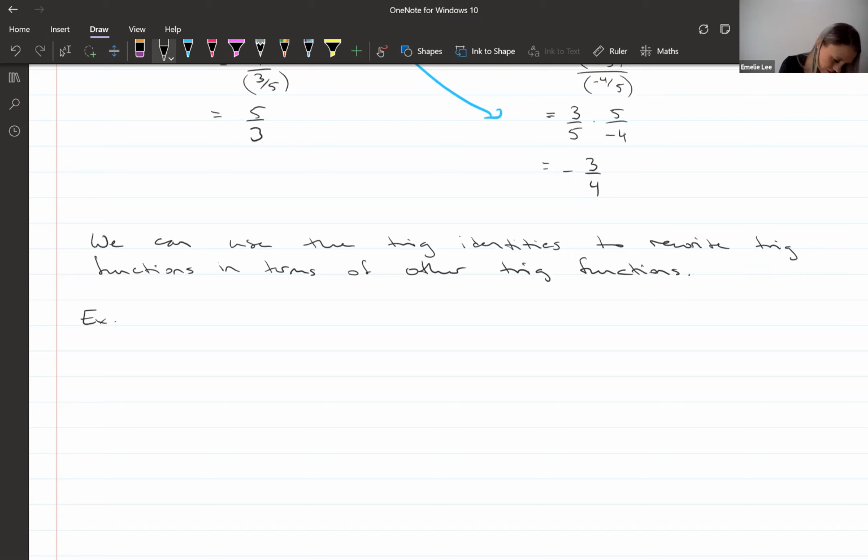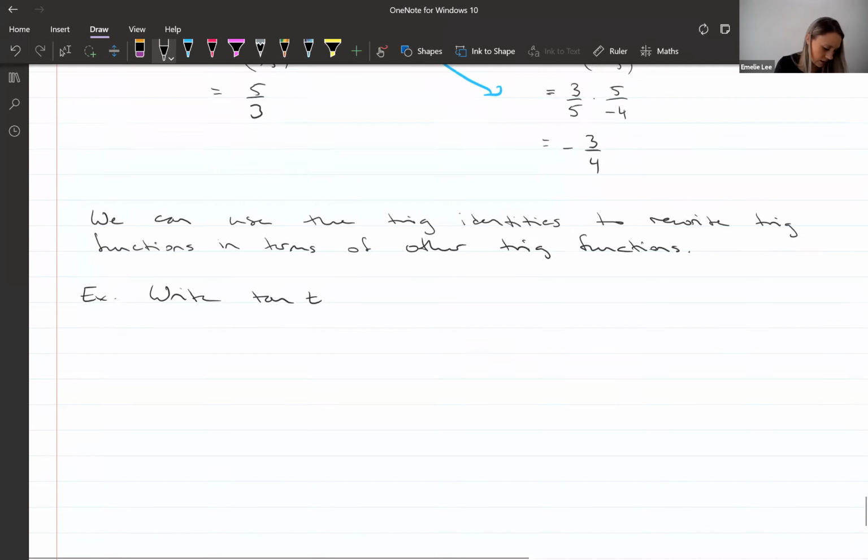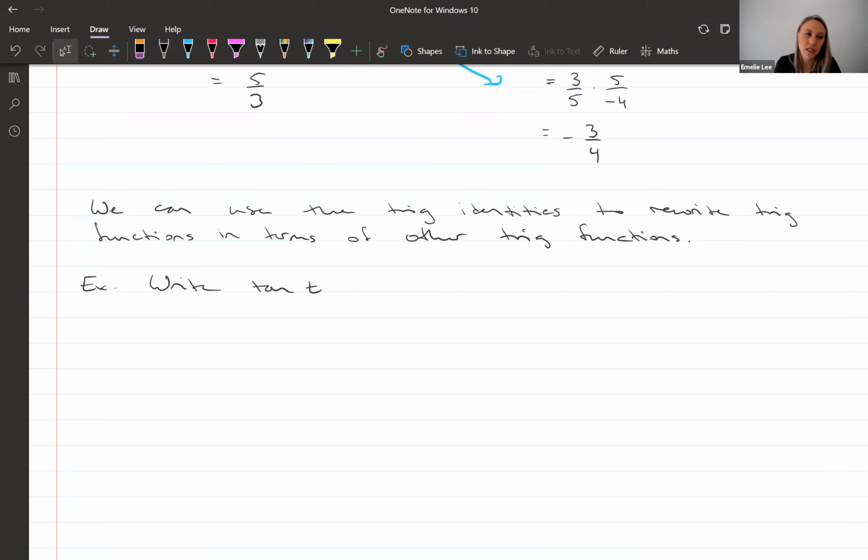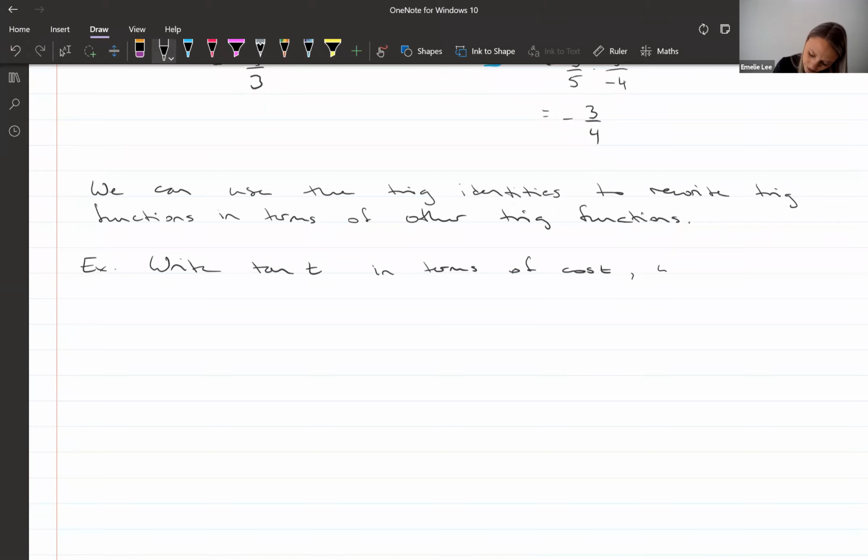So for example, if you have to write tan t in terms of cos t, where t is in Q3, where t is in the third quadrant.